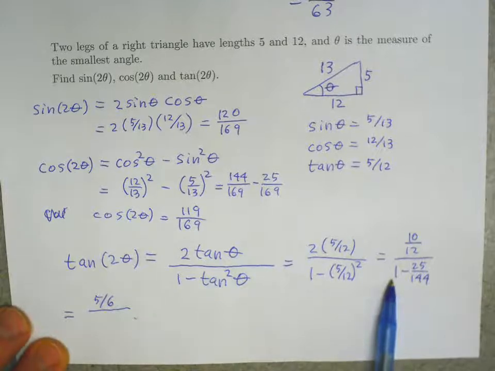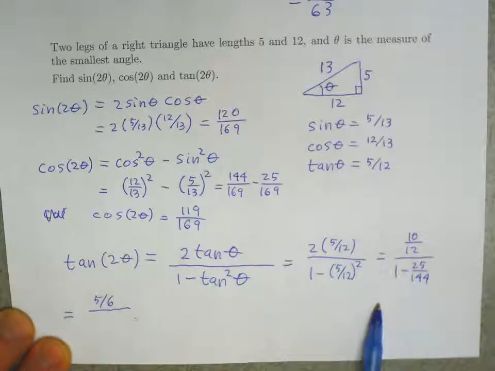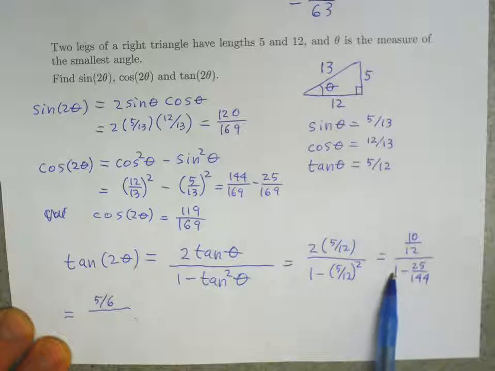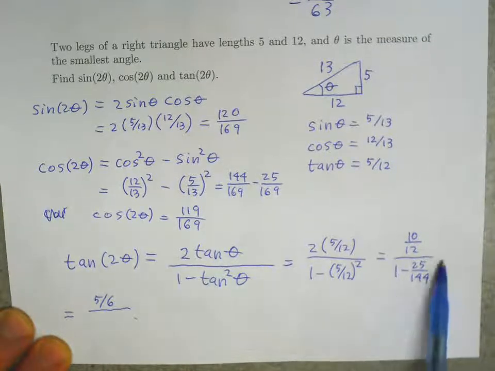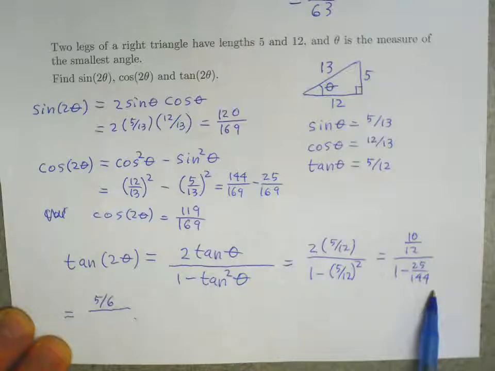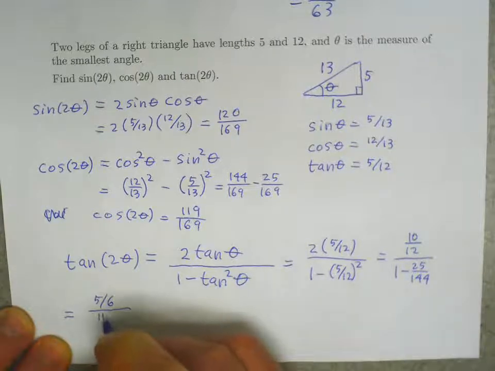We'll rewrite 1 as 144 over 144, and 144 over 144 minus 25 over 144 is 119 over 144.